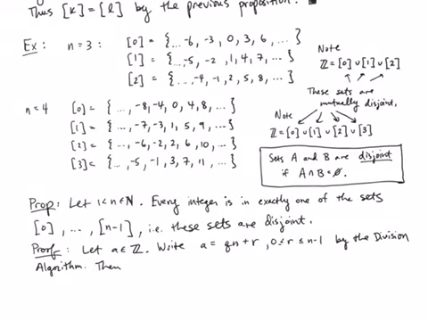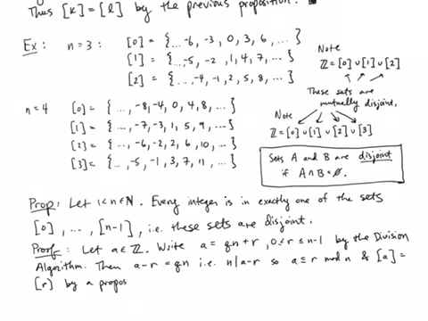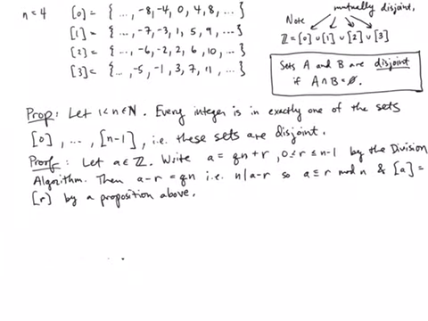Well, then a minus r is a multiple of n, right? i.e. n divides a minus r. So a is equivalent to r mod n, and thus the equivalence class of a is equal to the equivalence class of r by a proposition above. Okay, so that shows that every integer is in one of those sets.